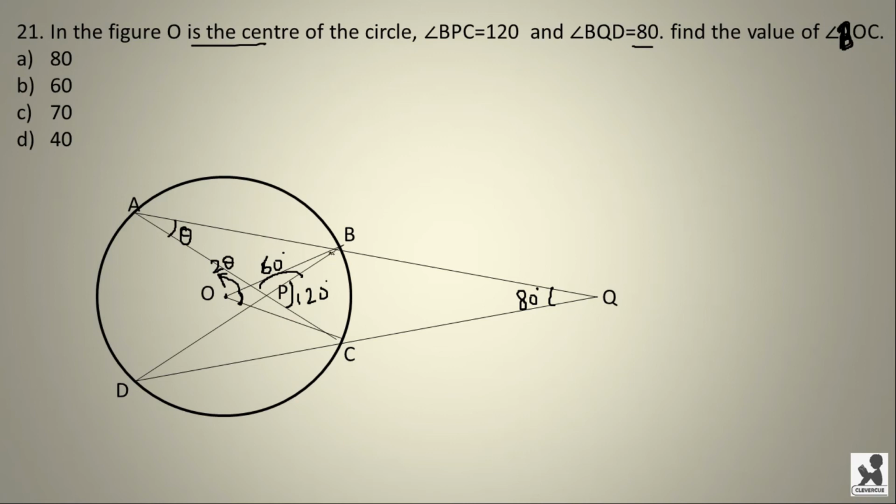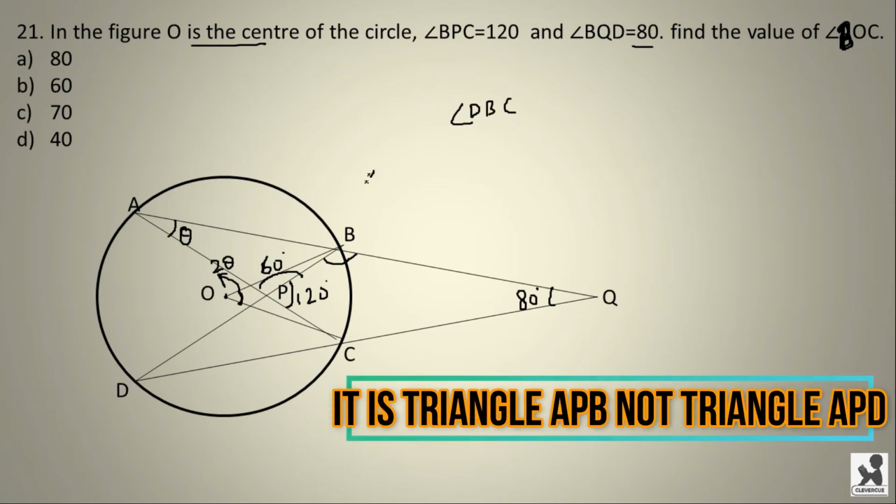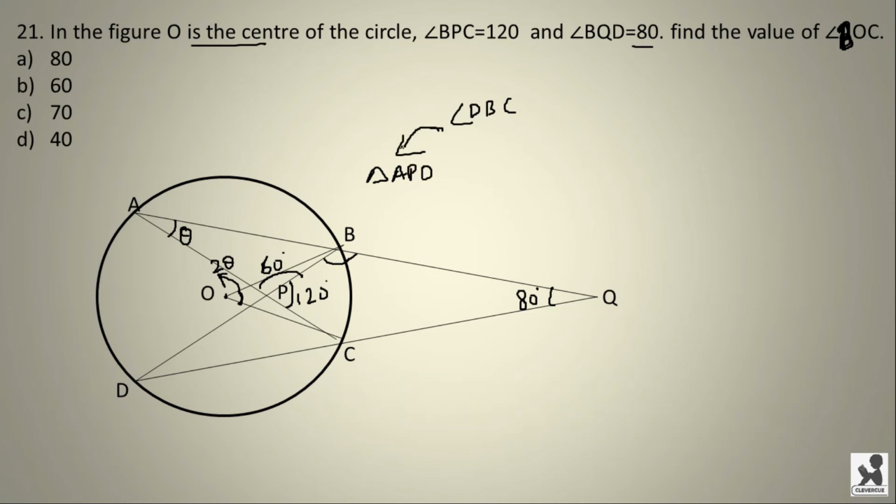And now if we have to calculate the angle DBC, this angle is an external angle in the triangle APD. In the triangle APD, this angle is an external angle, and hence it will be equal to the sum of opposite angles, that is 60 plus theta.